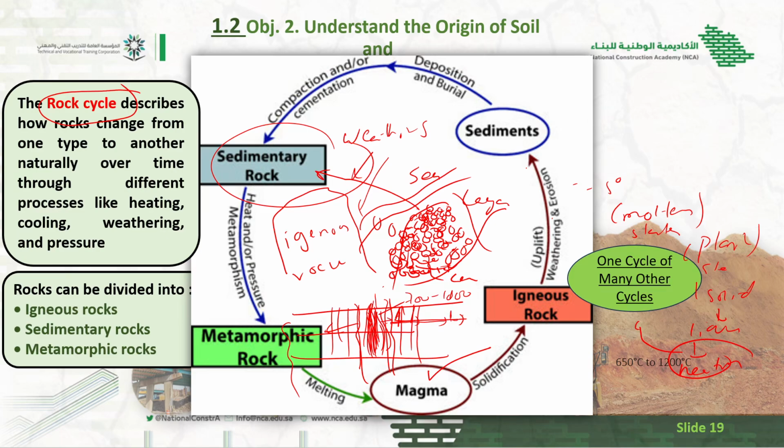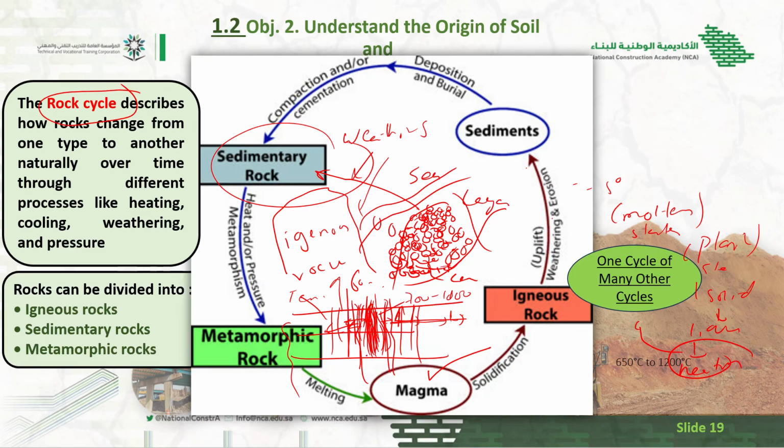The areas very close to the passing way of the magma also have their temperature changed. If their temperature is changed, their heat is changed, so the composition of the soil is changed, because now it is subjected to a very high temperature, maybe 600 or 500.